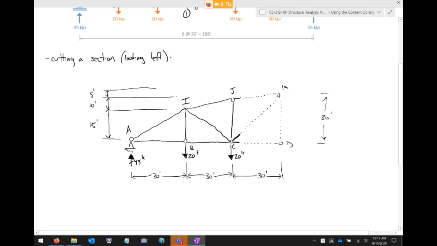Okay, and maybe because there's a lot going on, maybe I'll try and darken these truss members in a bit so you can kind of tell, okay, that is the truss.